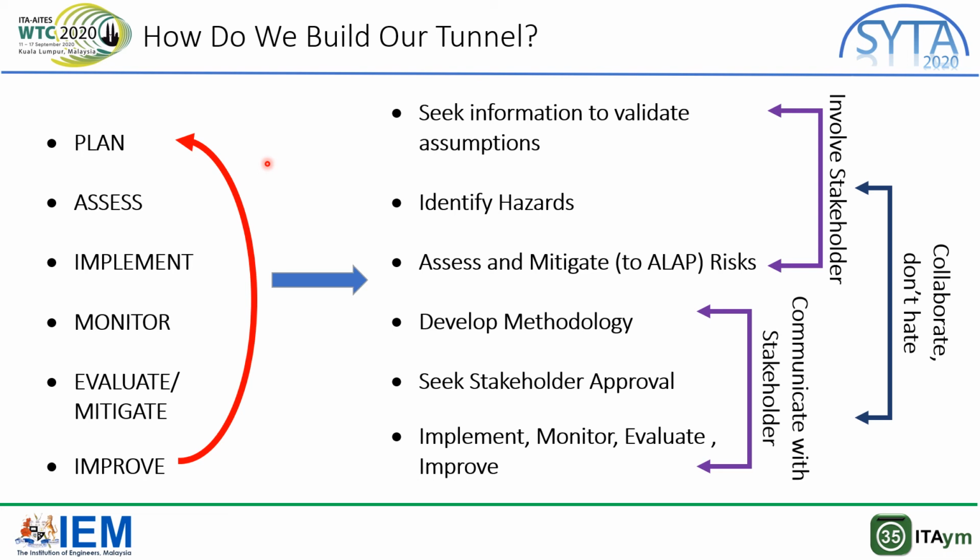But during this implementation and monitoring phase, you need to communicate with the stakeholder. So stakeholder involvement and communication is the key. The earlier you do that, the better it is. And the tagline here and the gospel that I follow is collaborate, don't hate. Be open with the stakeholder and work together.